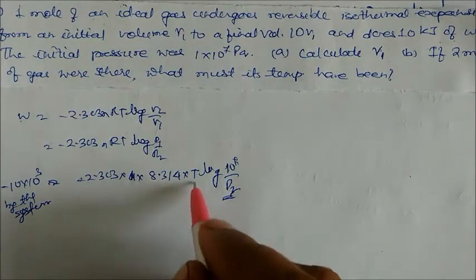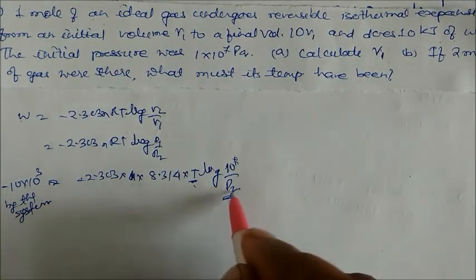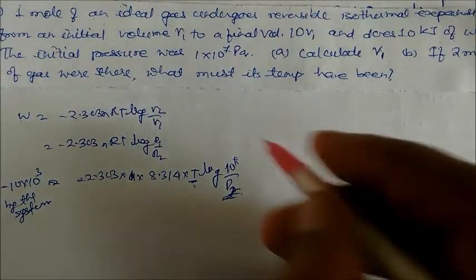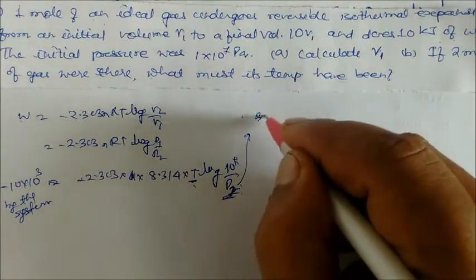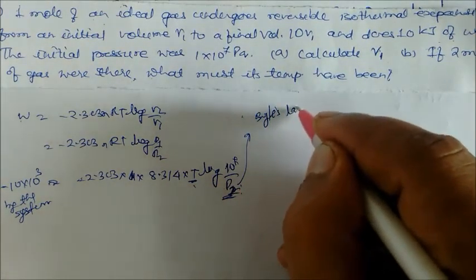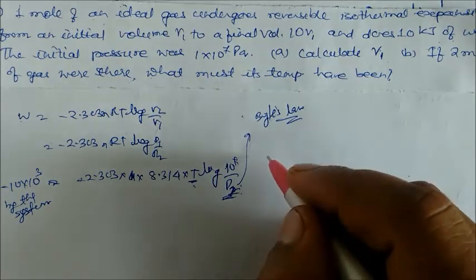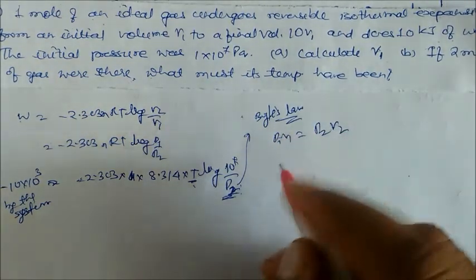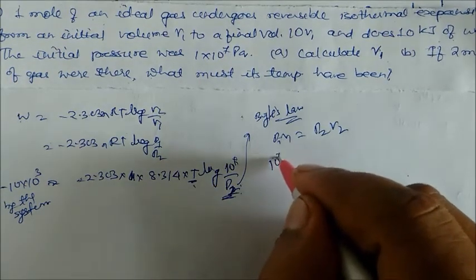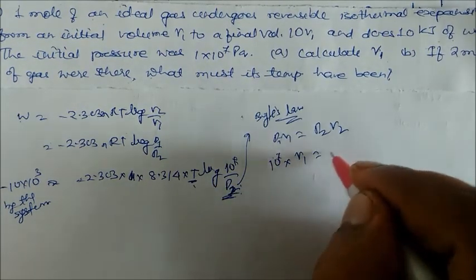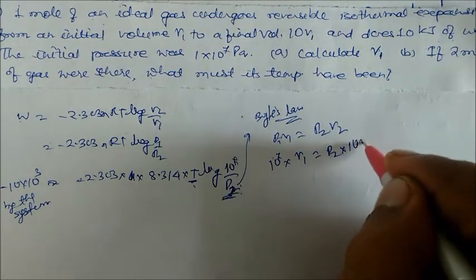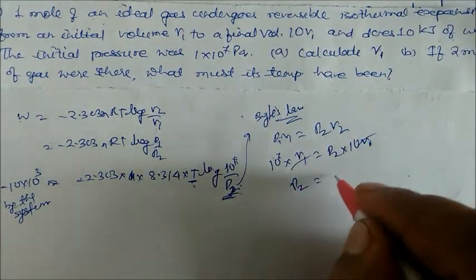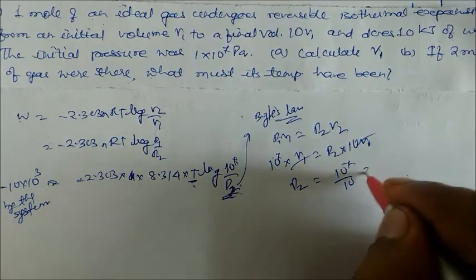To find P2 we can use Boyle's law, since volume is given and pressure is given. P1 V1 equals P2 V2, where P1 is 10^7 into V1 and V2 is 10 into V1. Definitely P2 is 10^7 divided by 10, because V1 cancels, so this will be 10^6 Pascal.